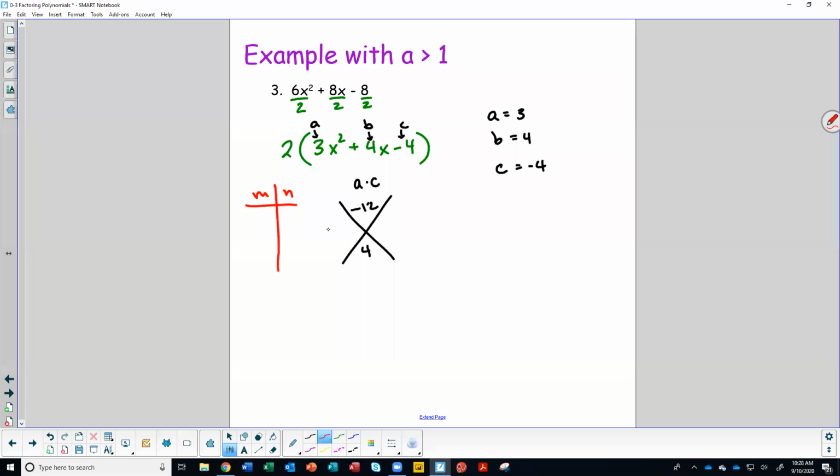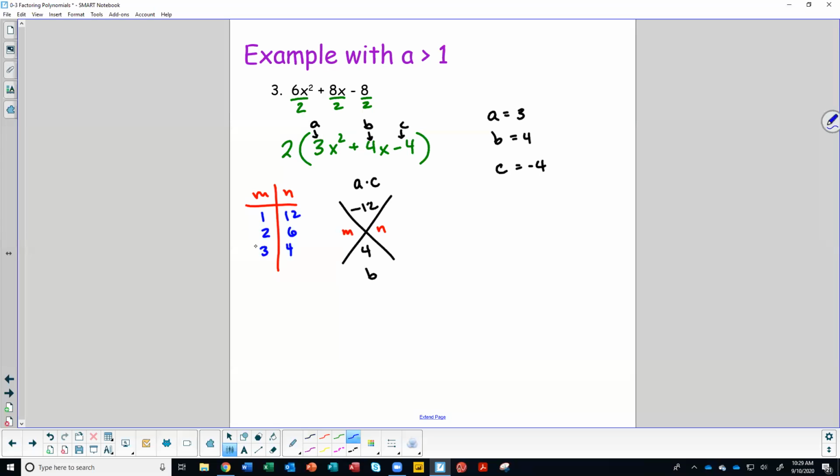M and N, the 2 side numbers, go here and here. I forgot to put the B down there. That's where the 4 came from, it's the B. M and N go on the sides. So that's what I'm looking for. I'm looking for these 2 numbers. And I like to do the ones that multiply. I think it's easier. So again, it's 1 and 12, 2 and 6, 3 and 4.